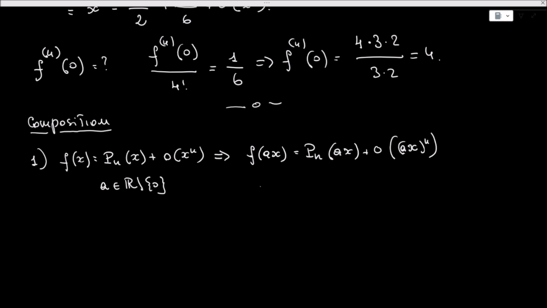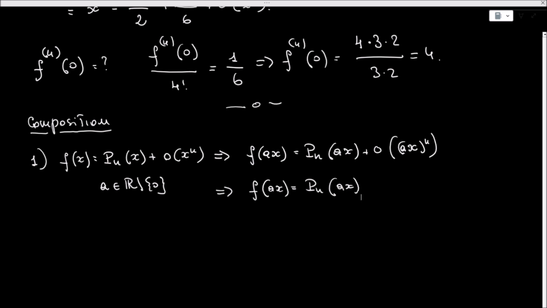But because ax raised to the n is equal to a^n times x to the n, this is simply equal to little o of x to the n.